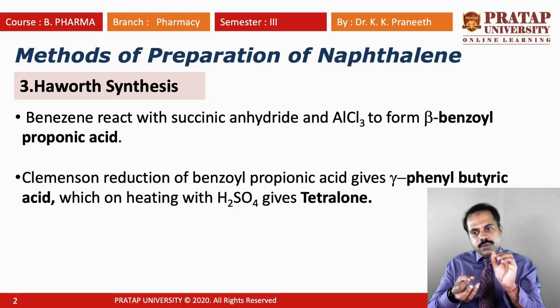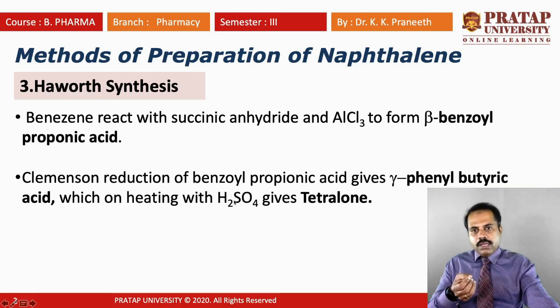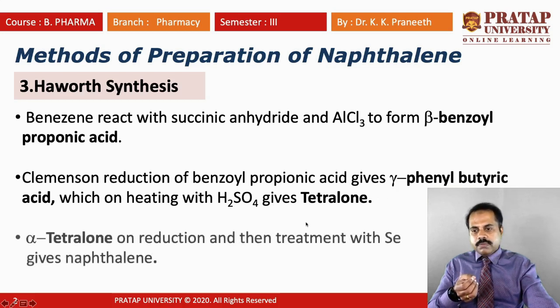It will add hydrogen, and what he got is gamma phenyl butyric acid as the product. Upon heating with sulfuric acid, you get tetralone as the product. Then alpha tetralone, on Clemmensen reduction again and then treatment with selenium, gives naphthalene.